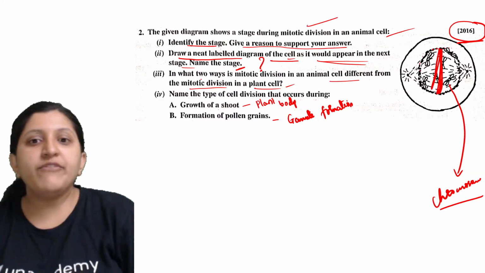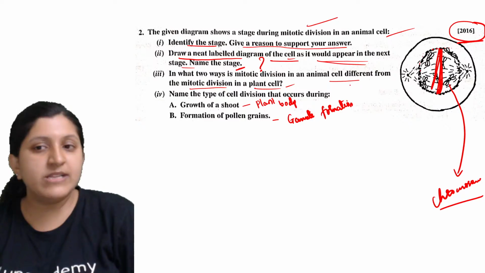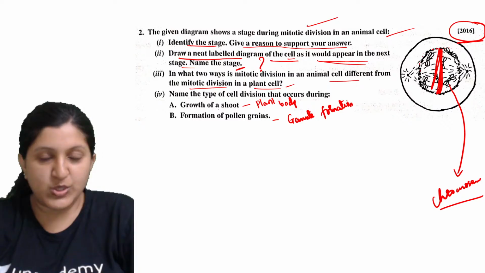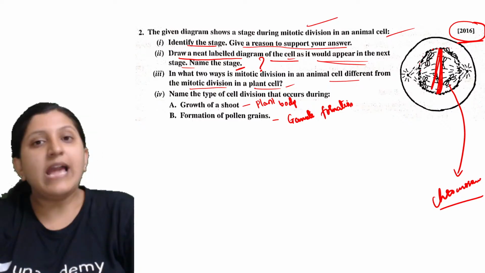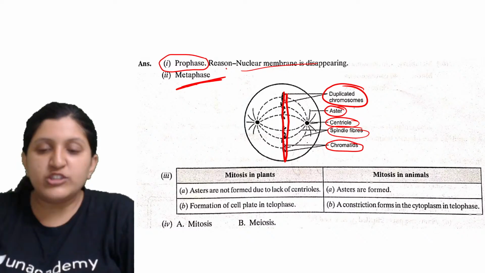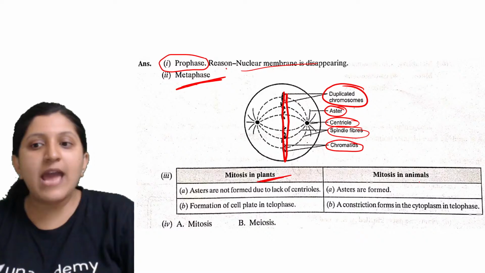In what two ways is mitotic division in an animal cell different from the mitotic division in a plant cell? This is a comparison of how exactly mitotic division in animal and plant cells is different. Let's have a look at mitosis in plants and mitosis in animals.